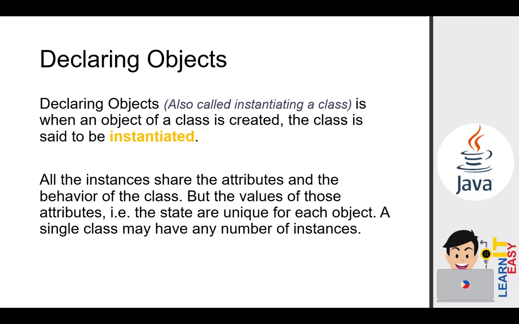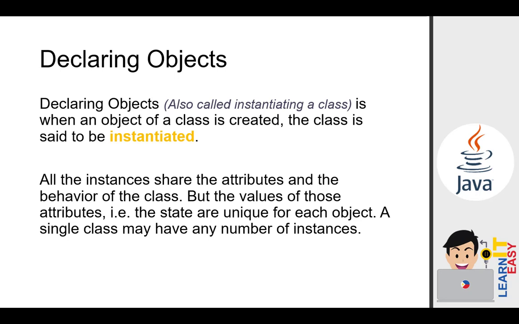Kasi nga, ang object is simply an instance of a class. Nagkataon na ang scanner class is ready-made at gagamitin na lang natin iyon. Pero kung hindi, gagawa tayo ng sarili nating scanner.